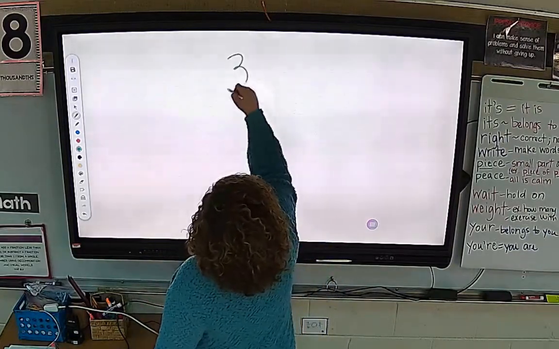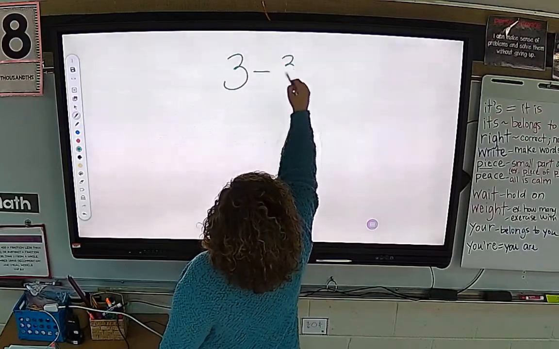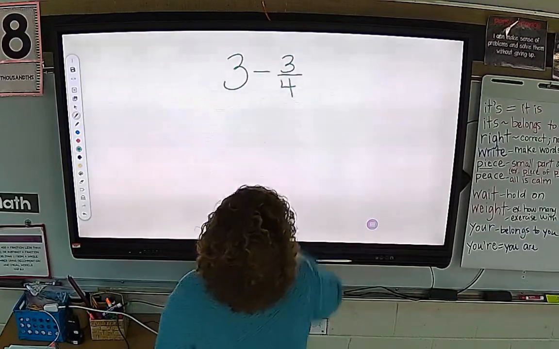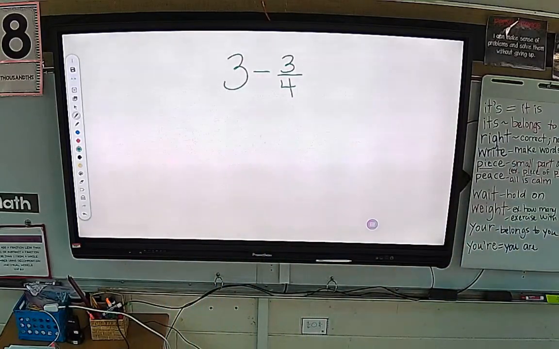All right, this time we're going to do 3 minus 3/4. All right, so you're going to start off by drawing the first number. Y'all can draw a rectangle and cut it in 3 pieces and label it with a 3 at the top.